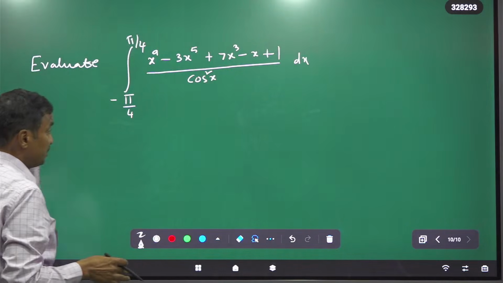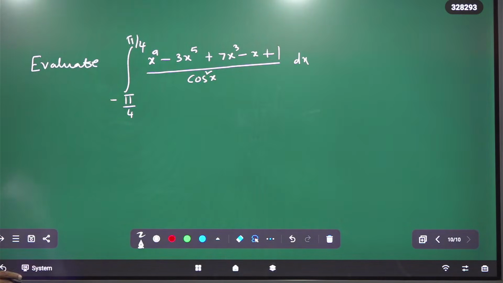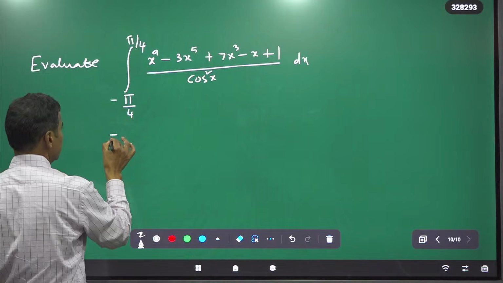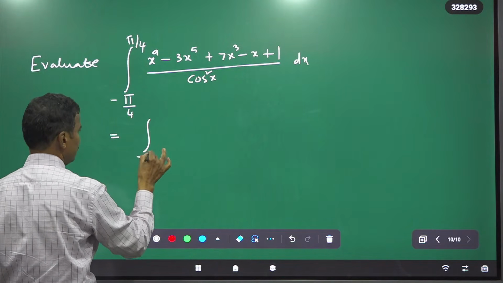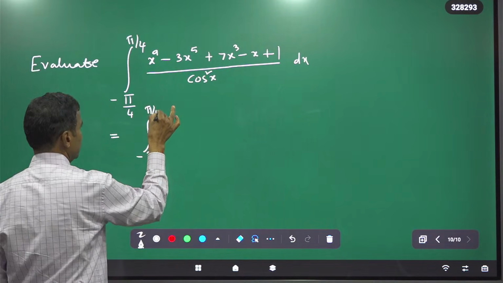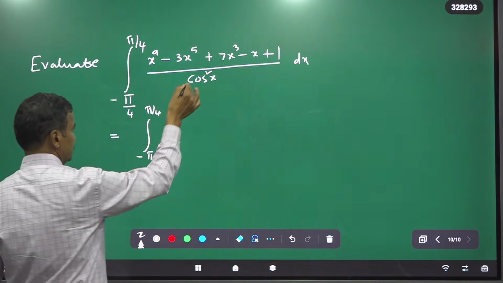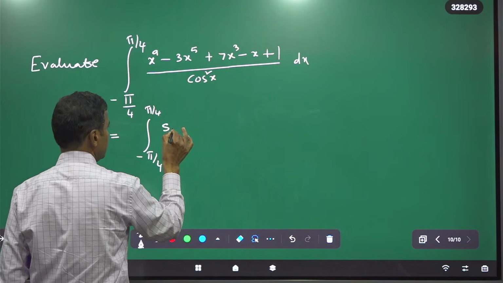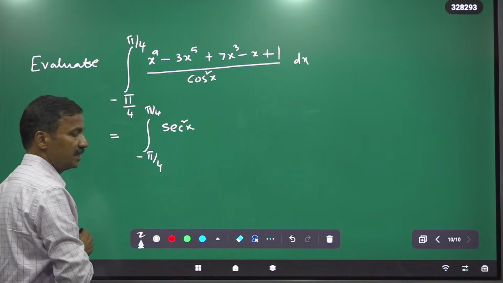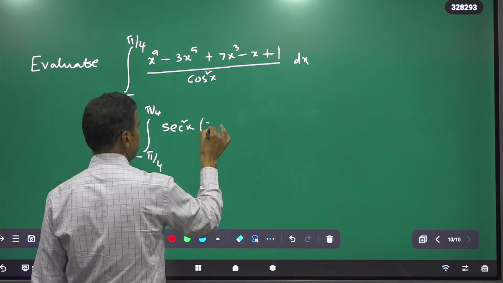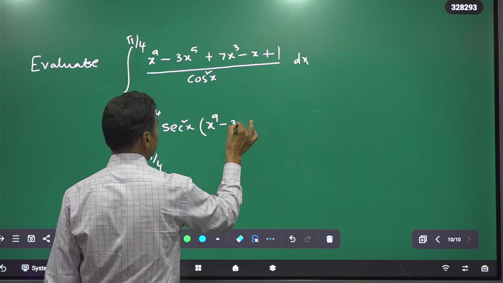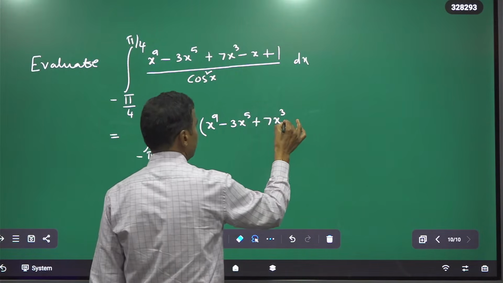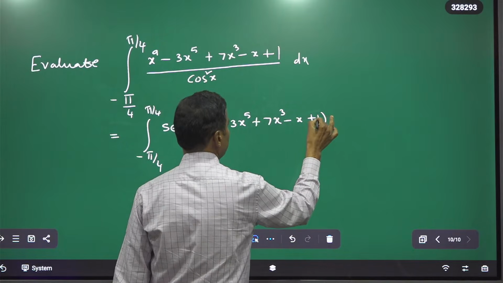By applying this property of odd and even function integration, this integral can be written as integral of minus pi by 4 to plus pi by 4. And 1 by cos square x is nothing but secant square x, so we can write secant square x in the numerator, times x power 9 minus 3 into x power 5 plus 7 into x to the power of 3 minus x plus 1 dx.